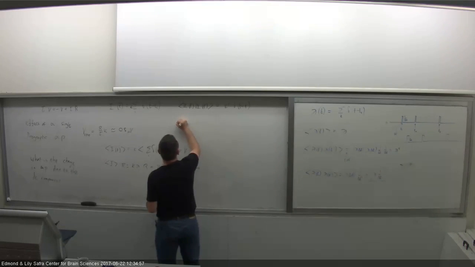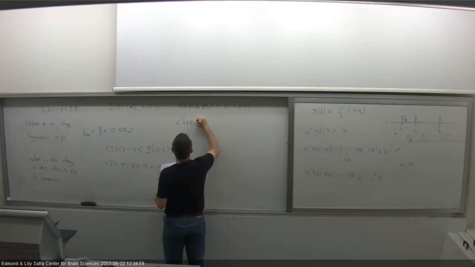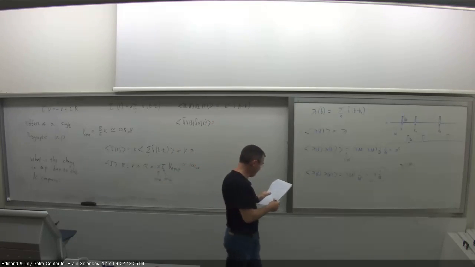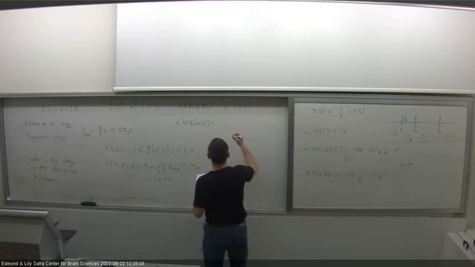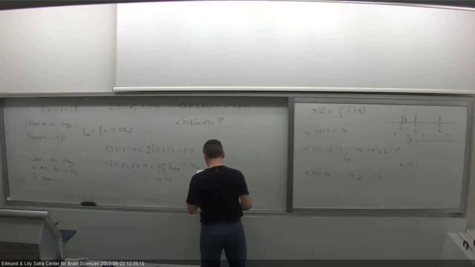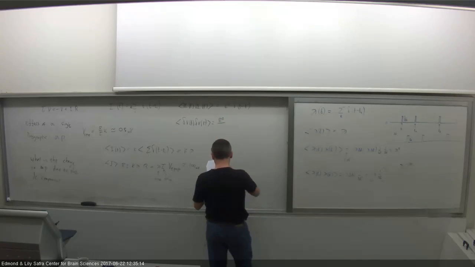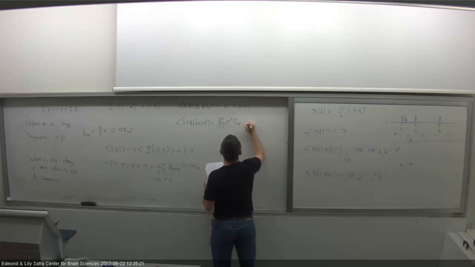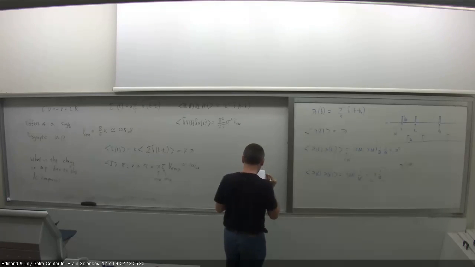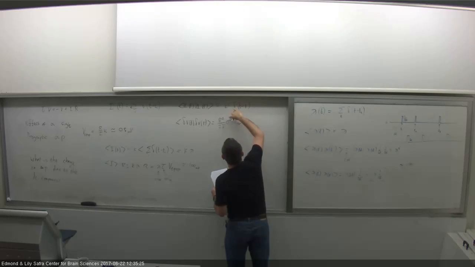And now we can use the results from last week and talk about delta V(t) delta V(t prime), just copying the calculation from Sunday. This will be equal to this term, where this is just sigma squared.